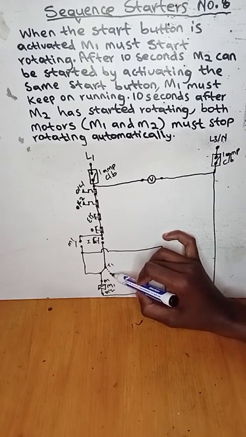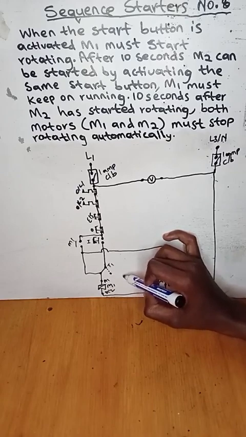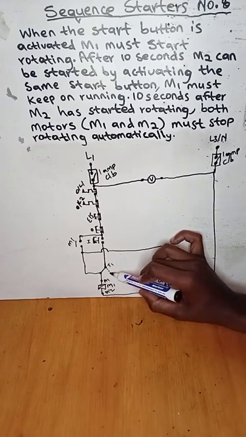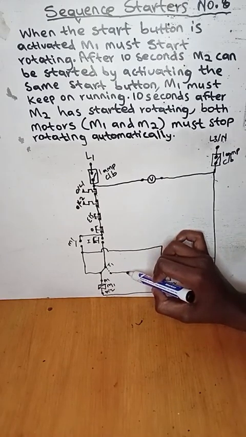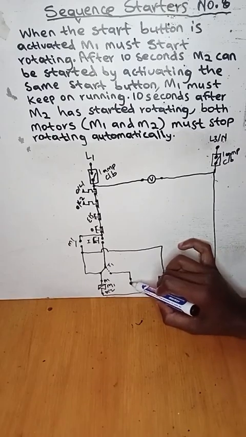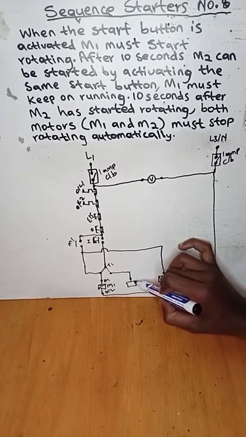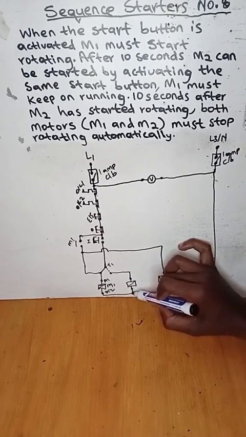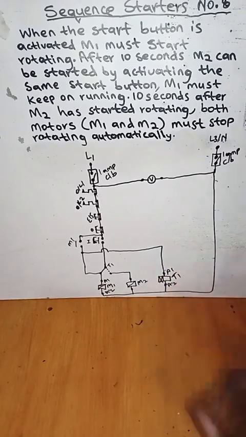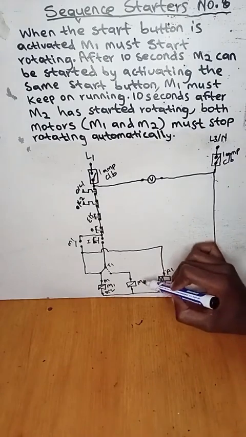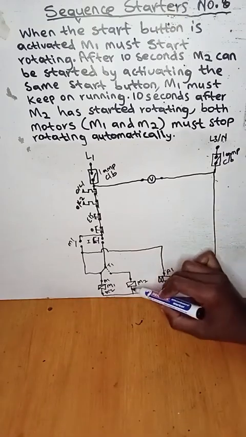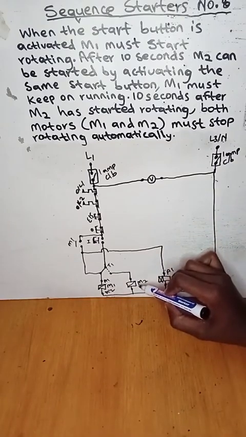And the closed part, this side, will be for the connection of motor 2. So this will be the connection of motor 2, the coil of motor 2.